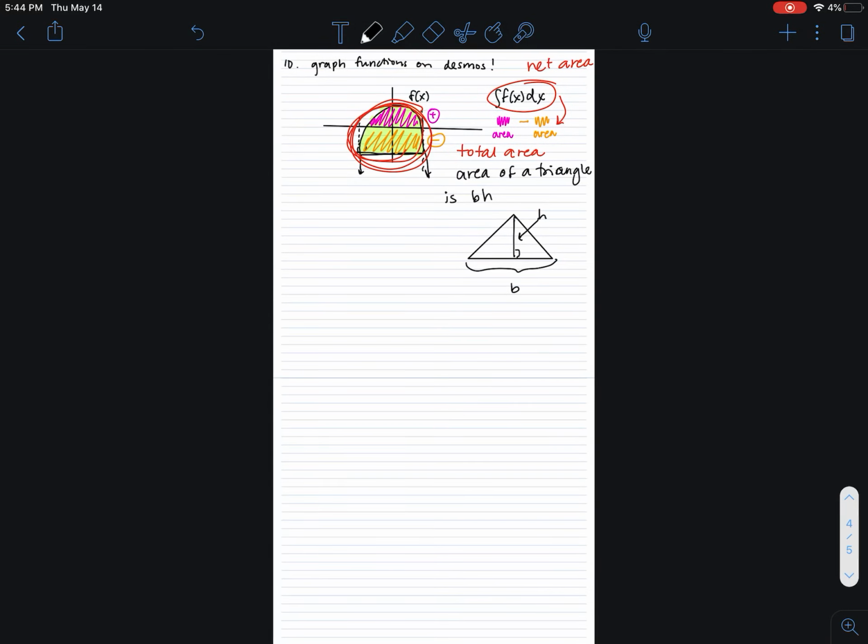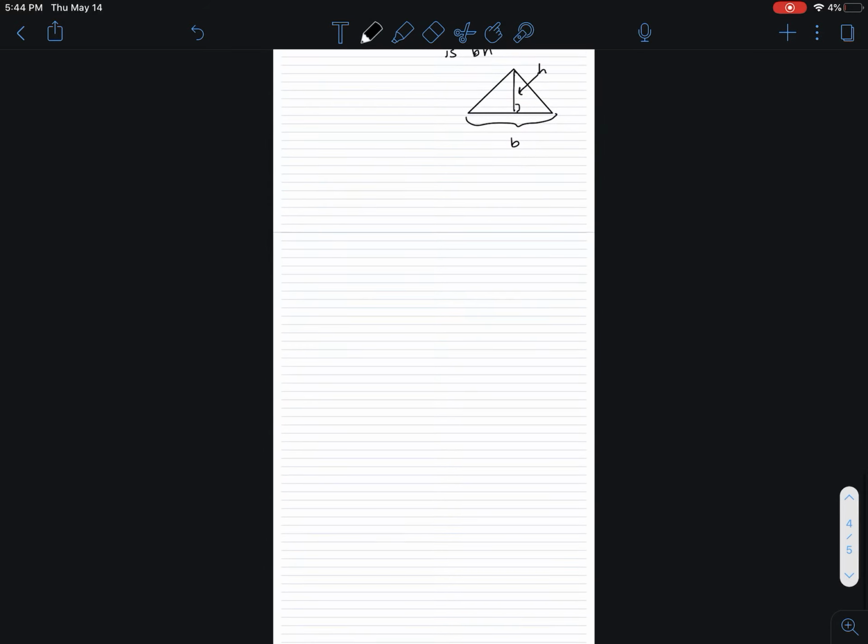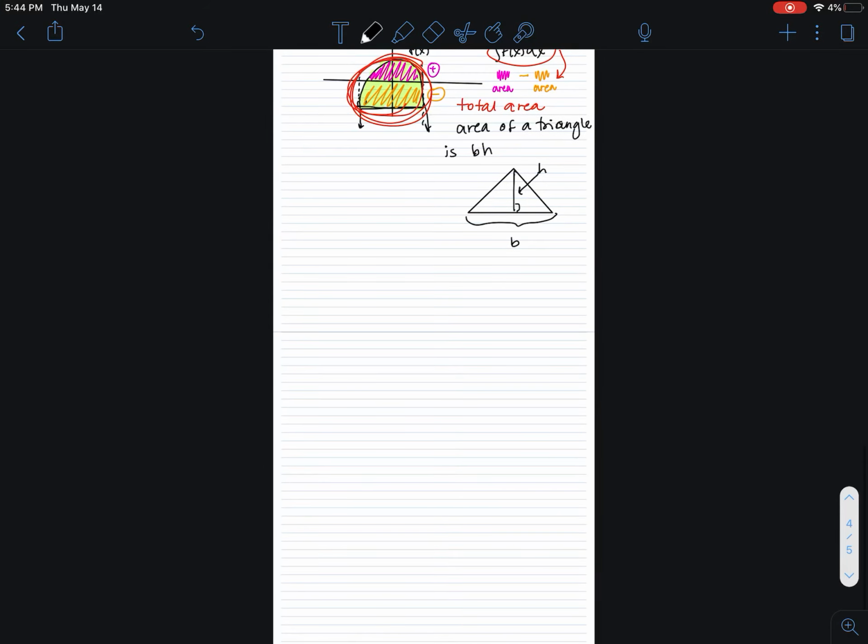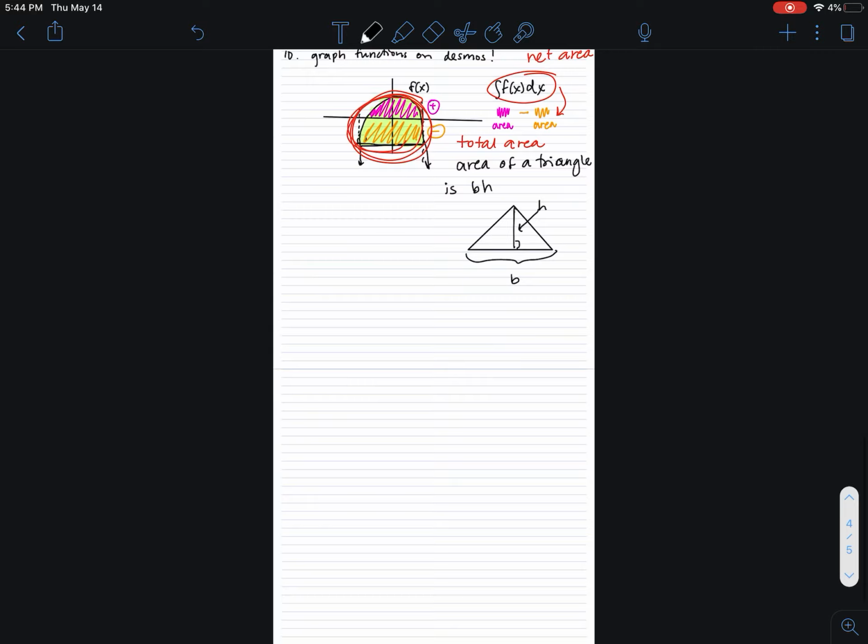Remember how to use the fundamental theorem of calculus. There are two things the fundamental theorem of calculus taught us. Let me do a quick example. What number are we on? 11.